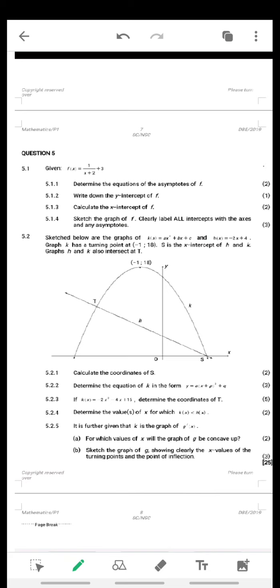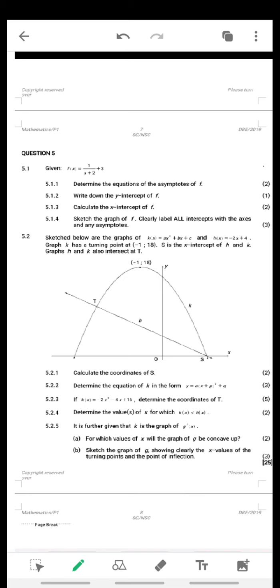Remember, when you have a graph, it will either cut your x-axis at a particular point as well as your y-axis. So where your graph cuts the y-axis, we call that point your y-intercept. That's where the graph is intercepting with your axis. Then where your graph is cutting the x-axis, we call that point your x-intercept.